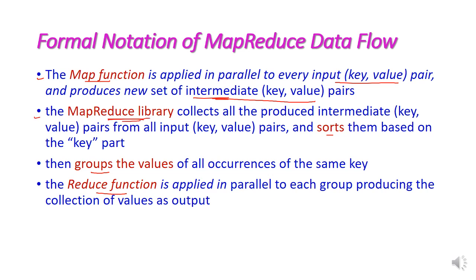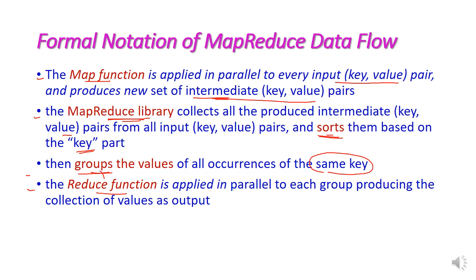Next is the MapReduce library, which will collect all the intermediate key value pairs and sort them based on the key part. Then this MapReduce library will group the values of all occurrences of the same key.